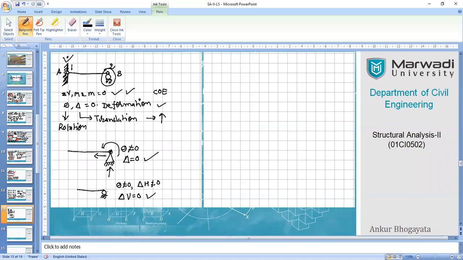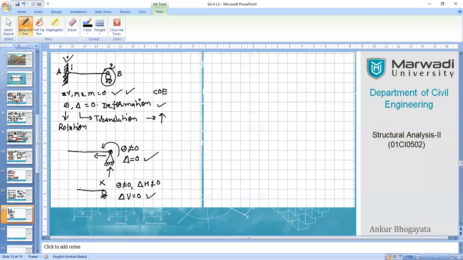Unless and until these three conditions are satisfied, this joint cannot be categorized as a roller support, irrespective of whatever end conditions are available on the other end.